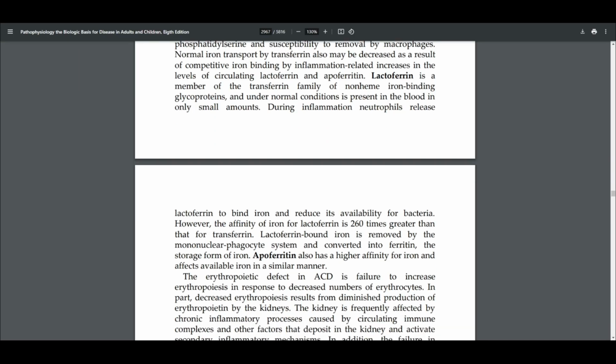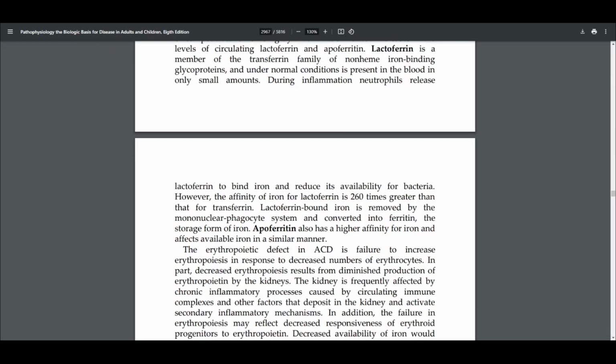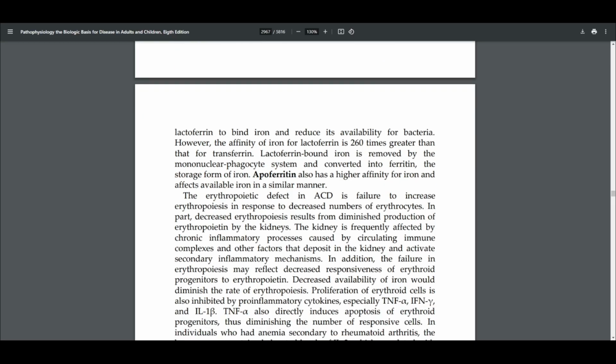However, the affinity of iron for lactoferrin is 260 times greater than that for transferrin. Lactoferrin-bound iron is removed by the mononuclear phagocyte system and converted into ferritin, the storage form of iron. Apoferritin also has a higher affinity for iron and affects available iron in a similar manner.